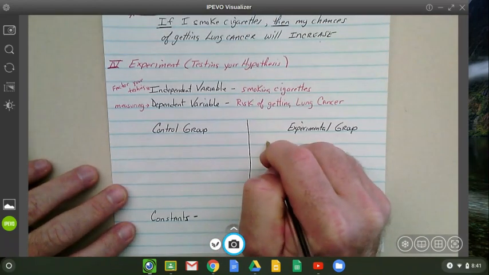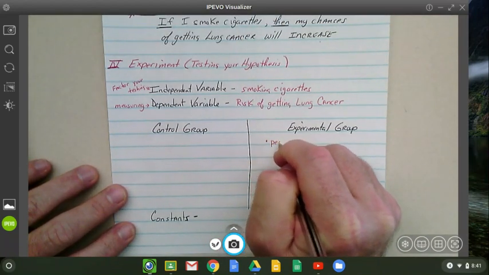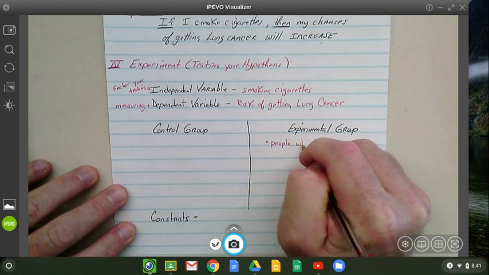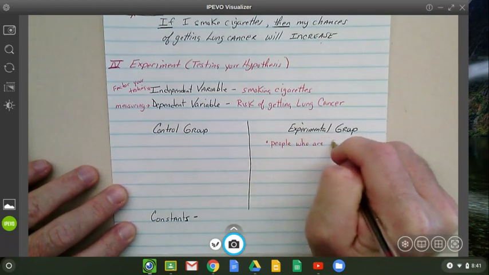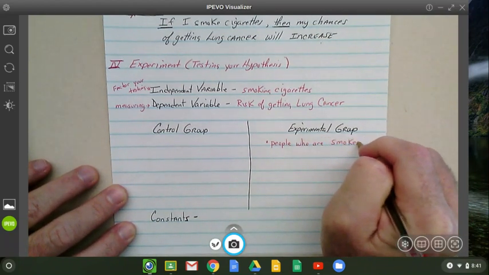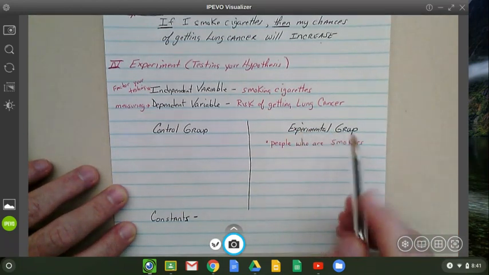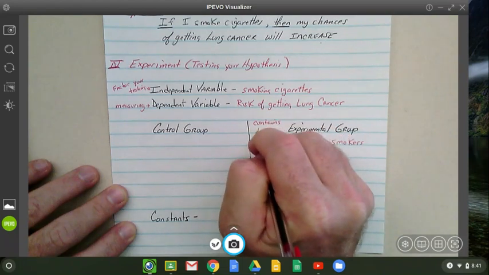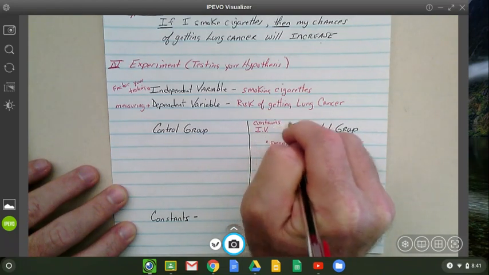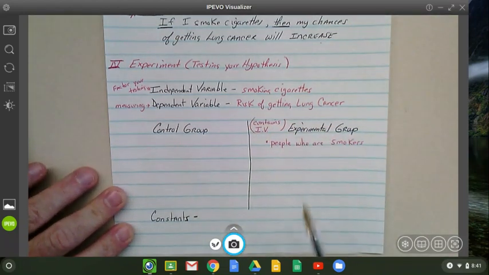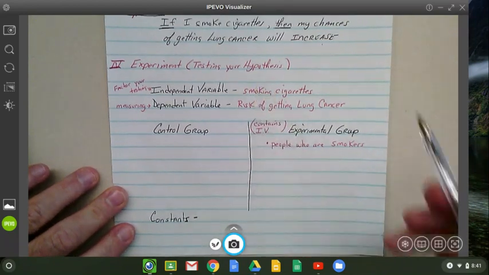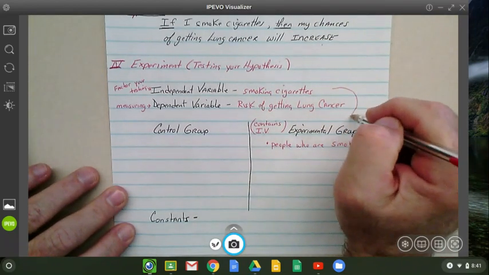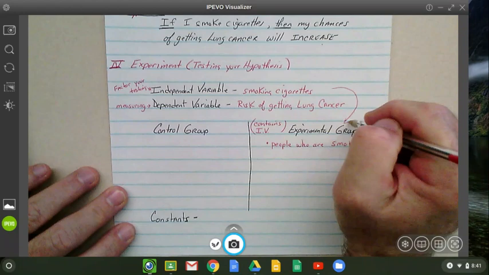Okay, so these are the smokers. Remember, the experimental group contains the independent variable.